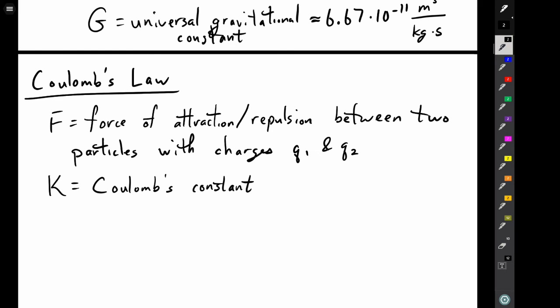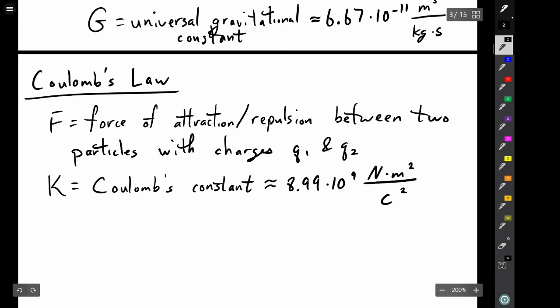I actually forgot the value of this one. Let's look it up real quick. So Coulomb constant. Forget the units on this. All right, and this is about 8.99 times 10 to the 9th newton meters squared per coulomb squared.